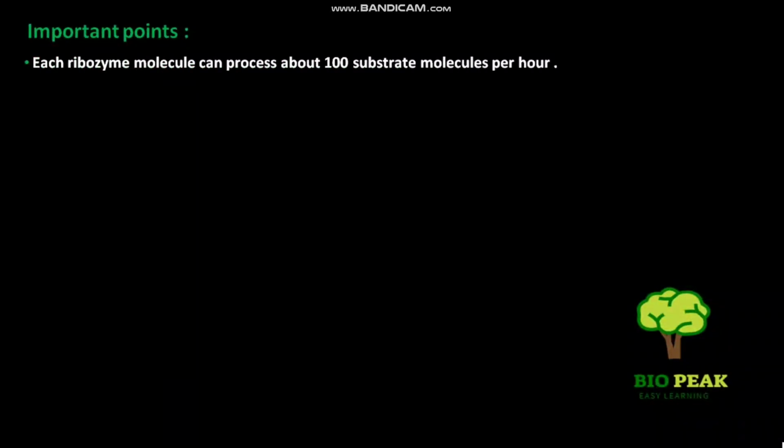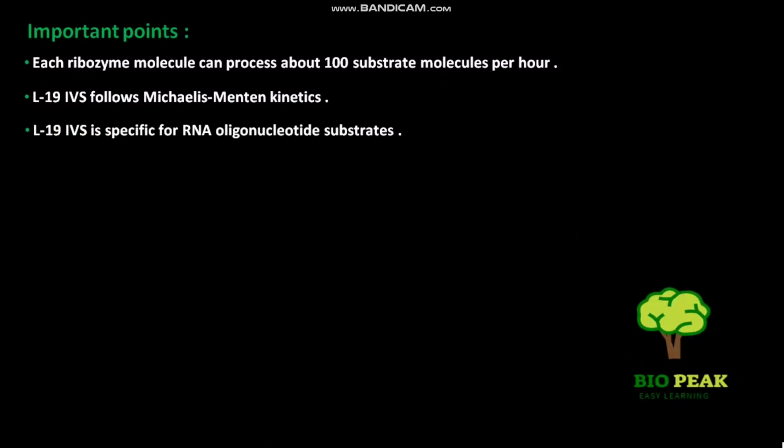Now, some important points. Each ribozyme molecule can process about 100 substrate molecules per hour. L19 IVS follows Michaelis-Menten kinetics. L19 IVS is specific for RNA oligonucleotide substrates.